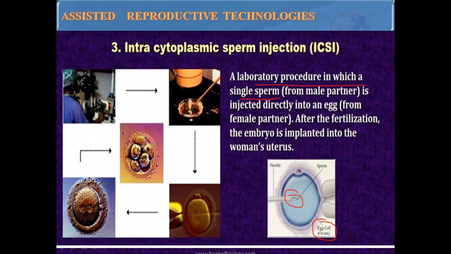After fertilization, this embryo is implanted directly into the woman's uterus. So it is known as intracytoplasmic sperm injection.